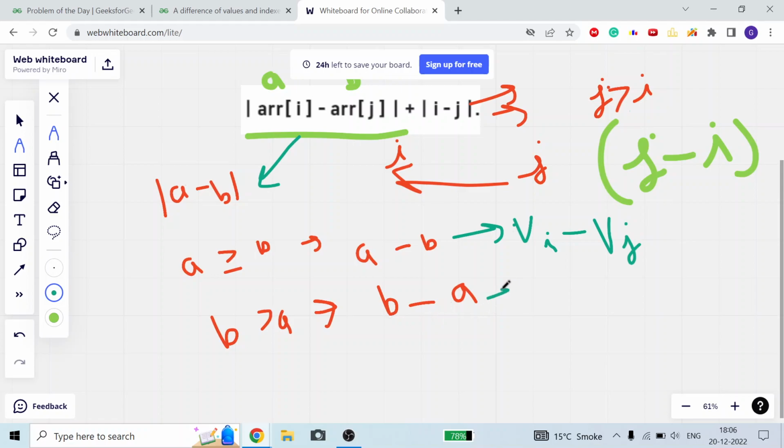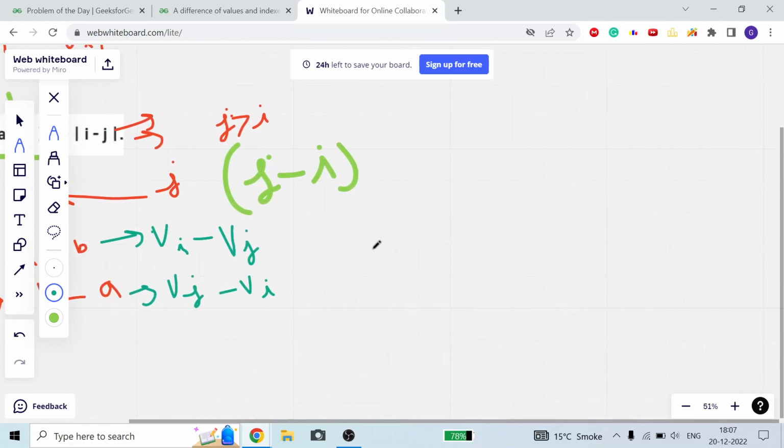In this condition, if arr i is greater than arr j, that is vi is greater than vj, it will be written as vi minus vj. But if aj is greater, it will be written as b minus a, that is vj minus vi. So there are two conditions.